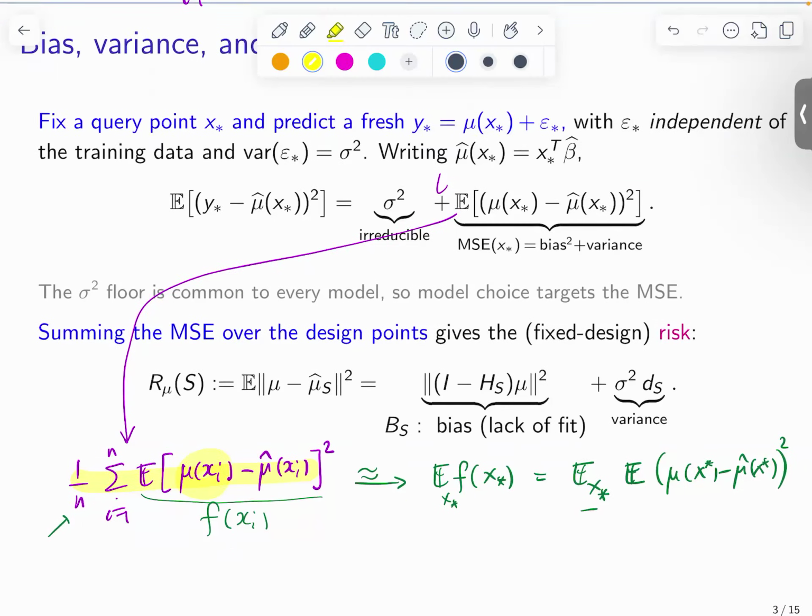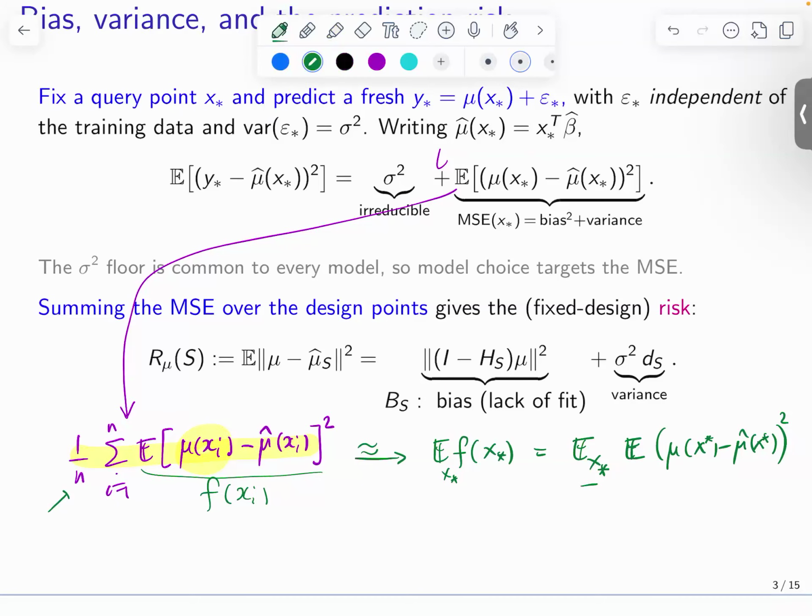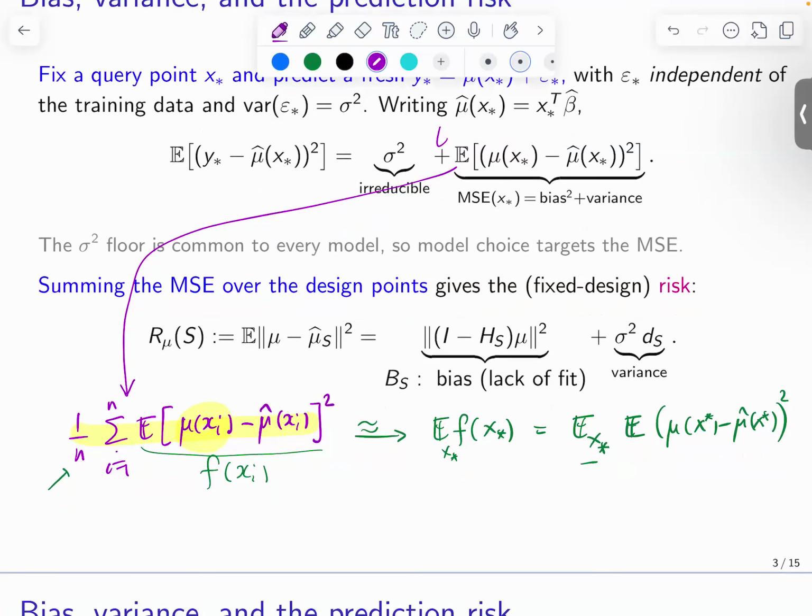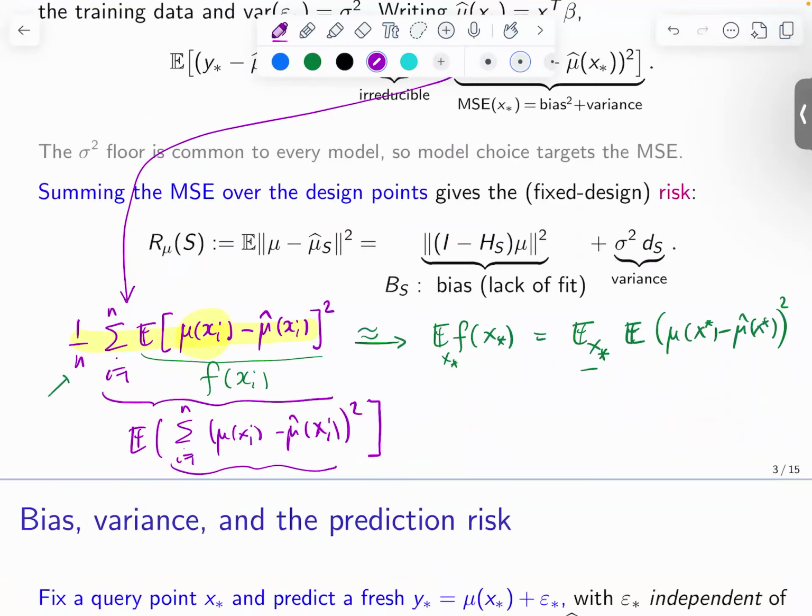What I'm going to get is that I can look at either the average, or I can just look at this part. This part is just the expectation of the summation over i from 1 to n of mu of xi minus mu hat of xi, squared. This is mu i, and this is mu hat i.